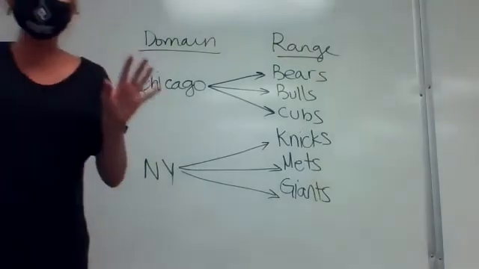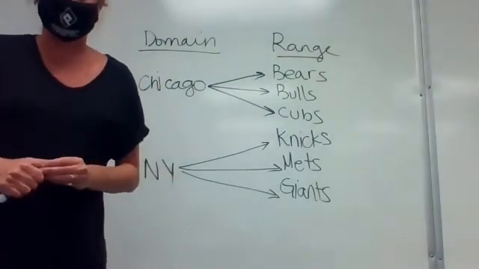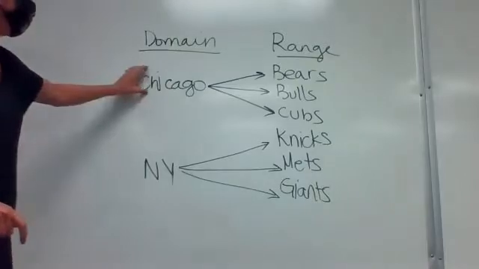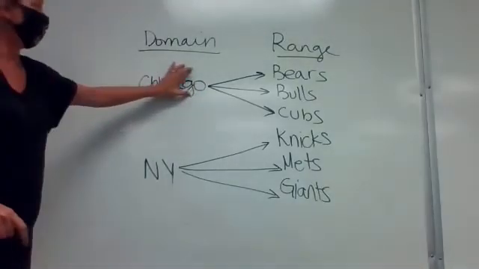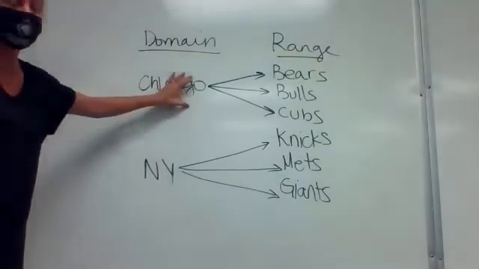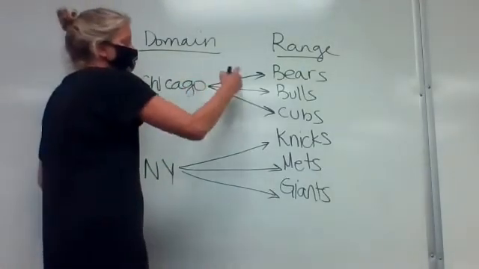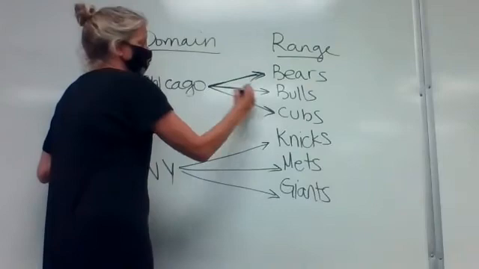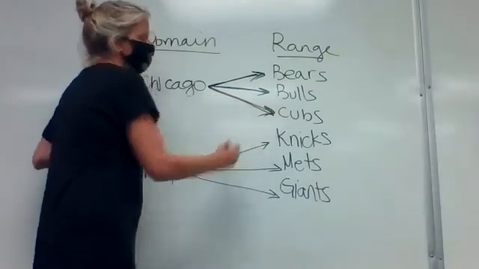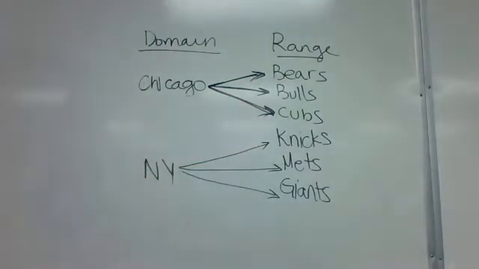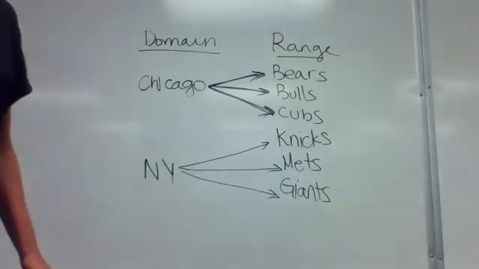So now is where I'm seeing something different. This element in the domain, it's just Chicago now instead of a number, but this element in the domain is going to how many elements in the range? 1, 2, 3. That's what makes you not a function.